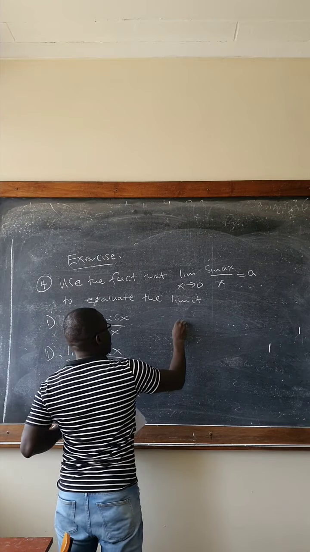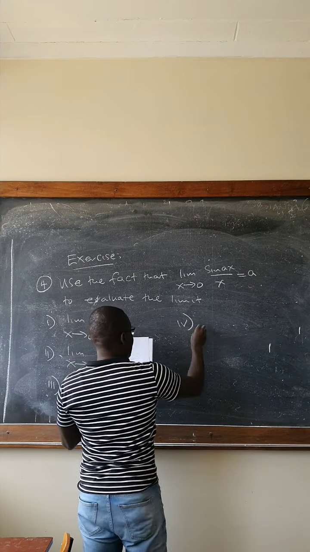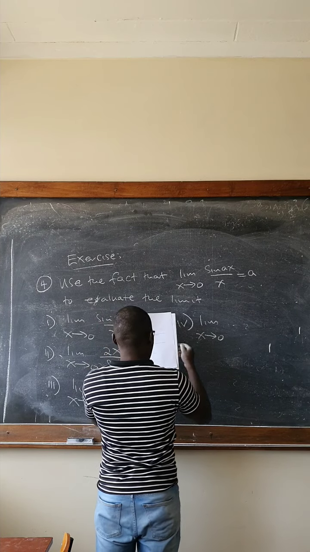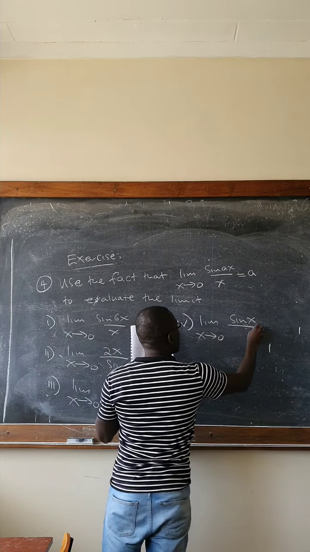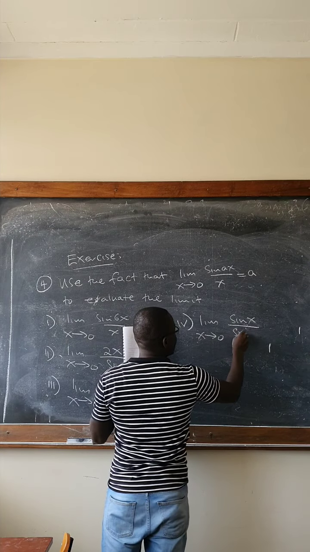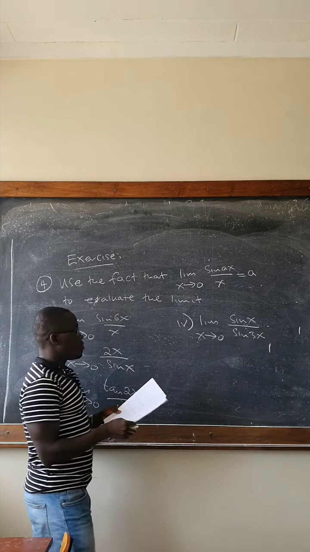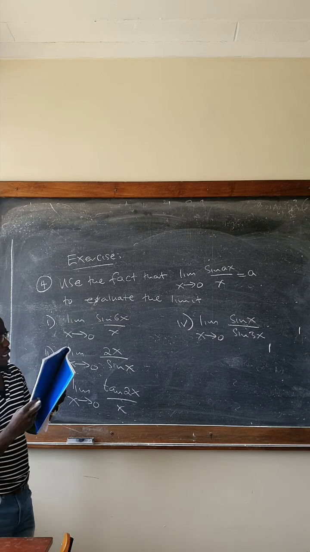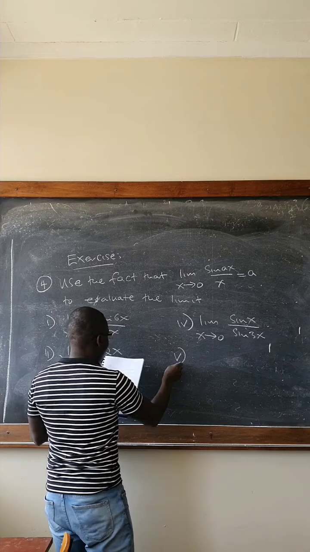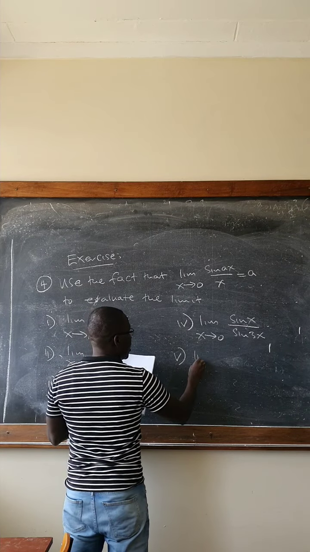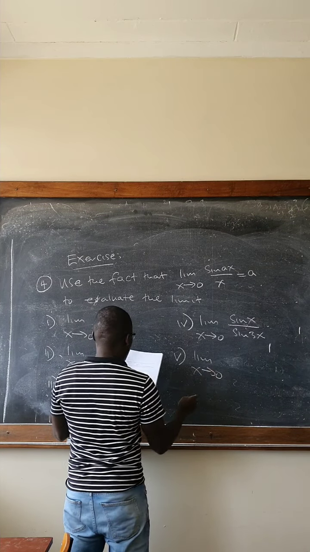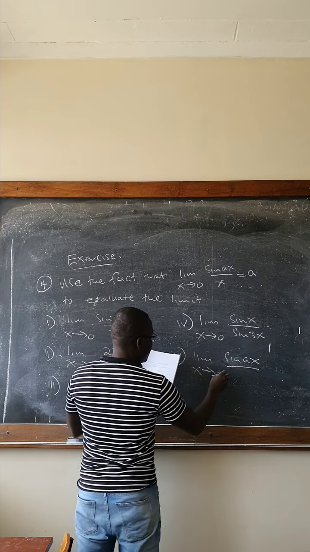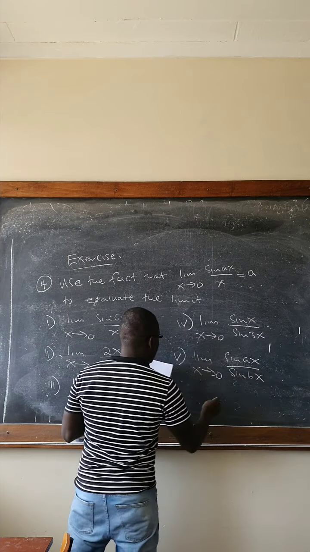And then lastly, the limit as x tends to 0 of sine x divided by sine 3x. Try out some of these. Maybe 5 also is the limit as x goes to 0 of sine x divided by the sine of dx.